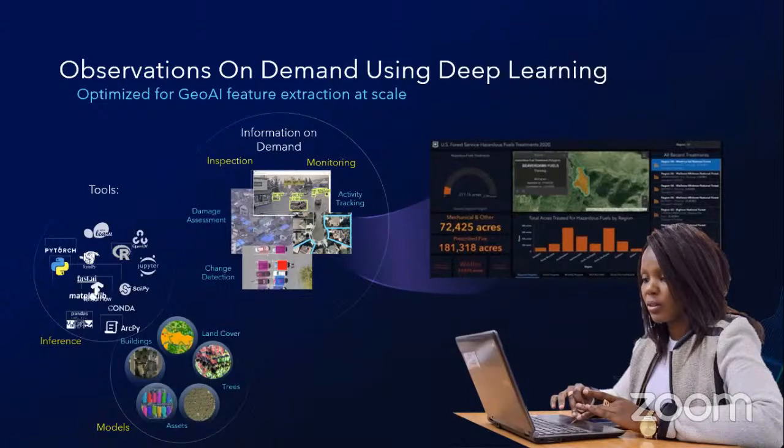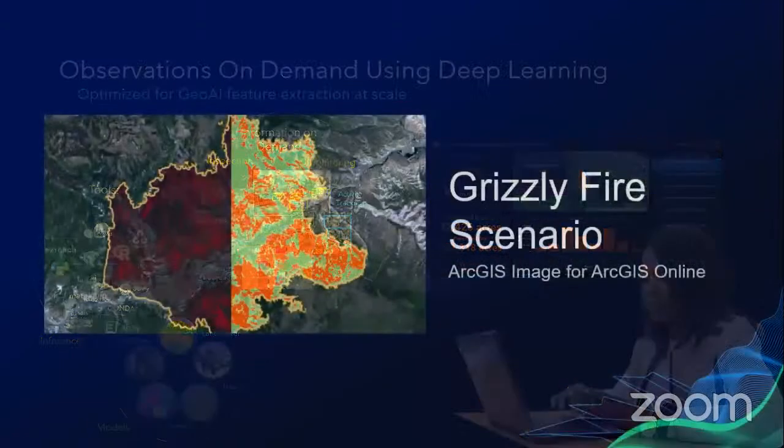So you will find that this is a really powerful capability for ArcGIS Online, and it can help you and your organization modernize your imagery production workflows without even needing to invest in expensive compute infrastructure.